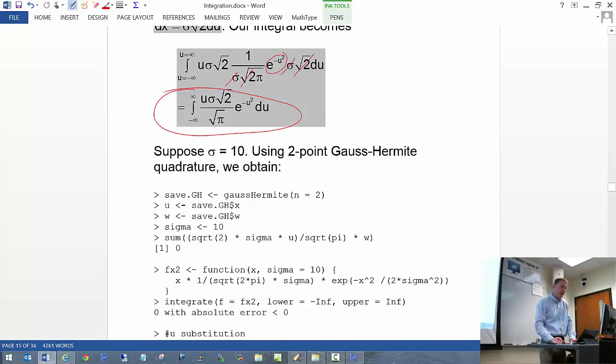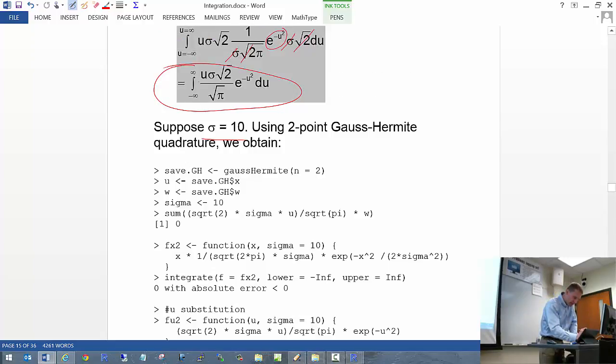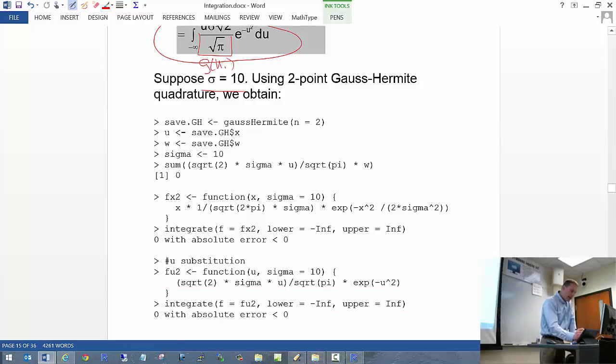I want to approximate this now with 2-point Gauss-Hermite quadrature, where I'm going to just let sigma be equal to 10, so we can do this numerically. Now note that this part right here serves the role of my g of x. I'm going to call it g of u. And so I use the corresponding function.